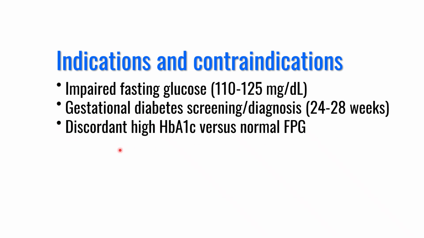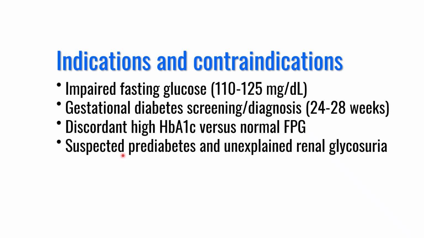This is also recommended in cases where there is a discordance between the result of HbA1c and fasting plasma glucose concentration. For example, when HbA1c is high and the fasting plasma glucose concentration is normal, in such cases OGTT is recommended. This is also recommended to confirm suspected cases of prediabetes and unexplained renal glycosuria.